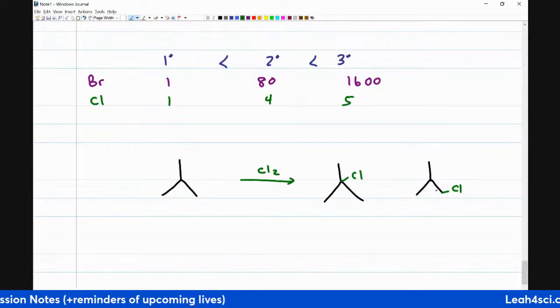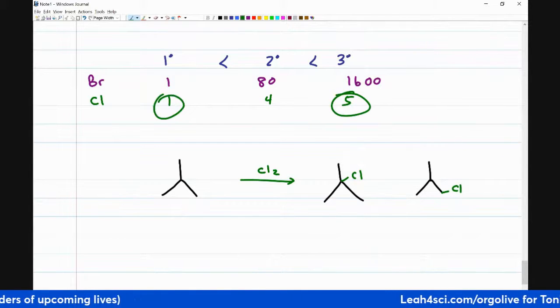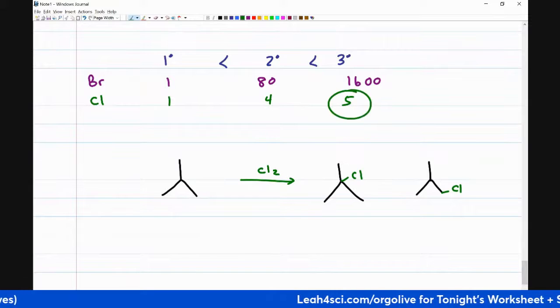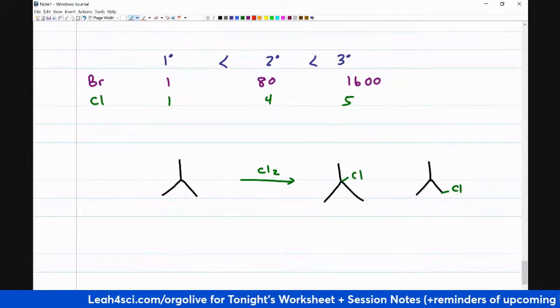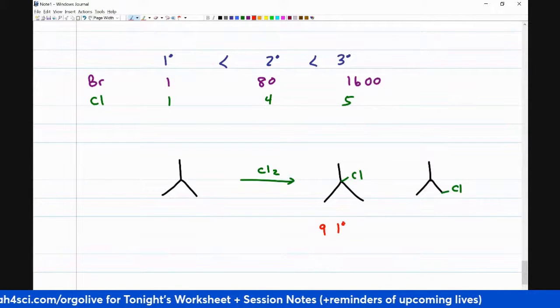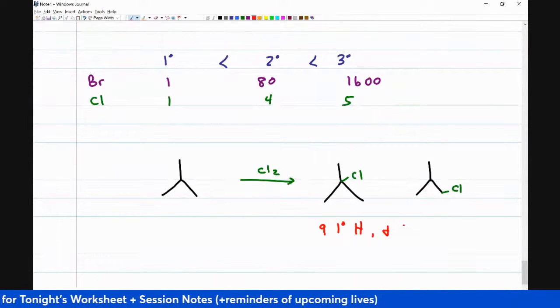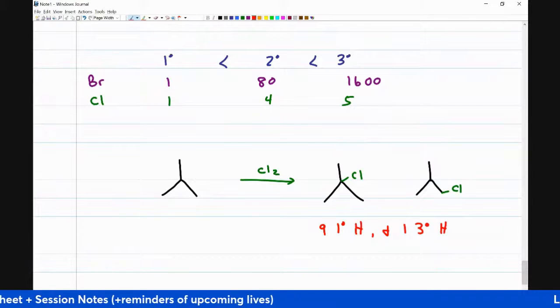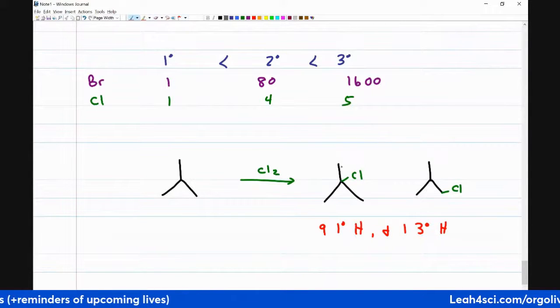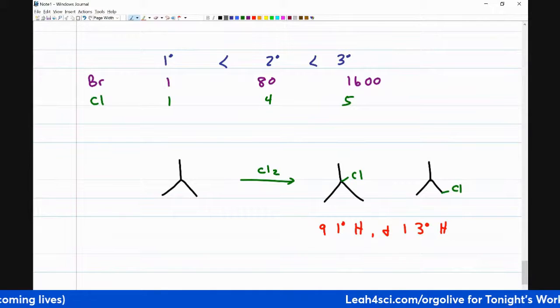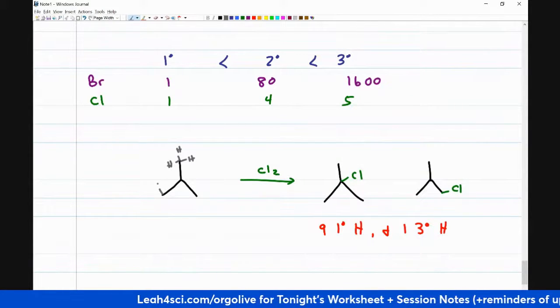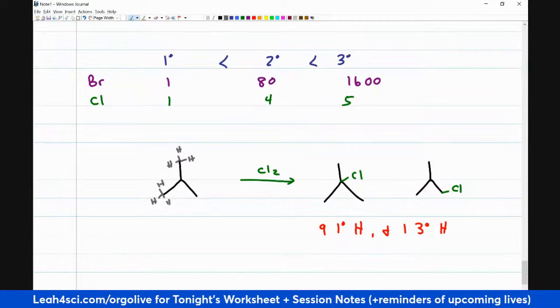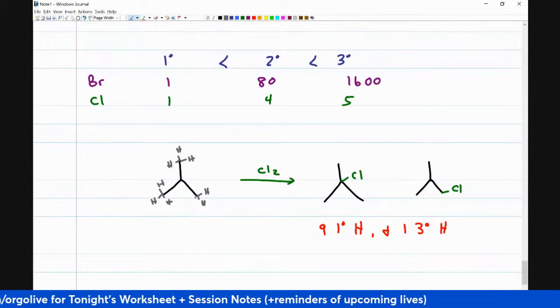The ratio between tertiary to primary will be 5 to 1, which means you would expect a lot more tertiary, except look at how many hydrogens I have. I have 9 primary hydrogens and 1 tertiary hydrogen, right? Because remember that these are all, well, I should show them on the reactant. There are 3 hydrogens here. So when it comes to chlorination, it's really a numbers game because the ratio is so close. And that means your products are going to be all over the place.